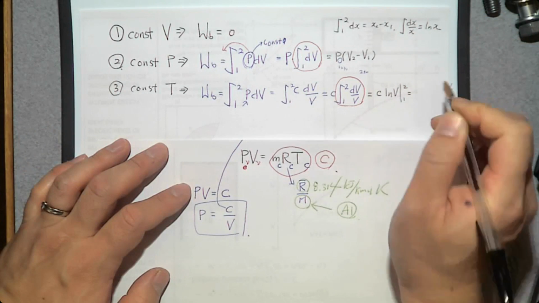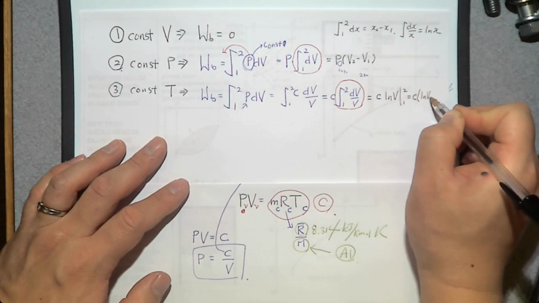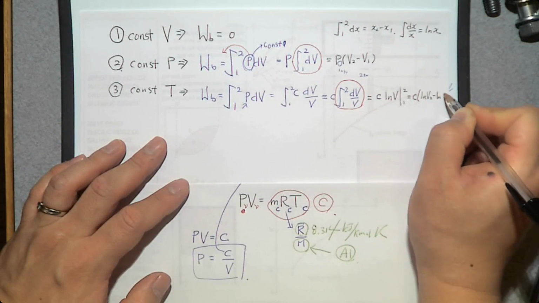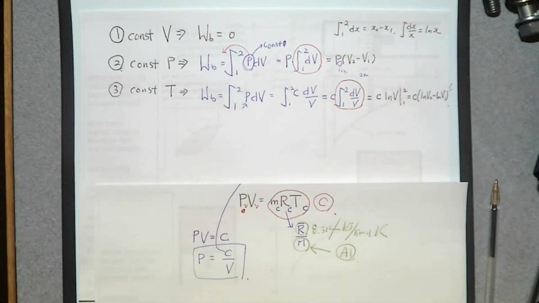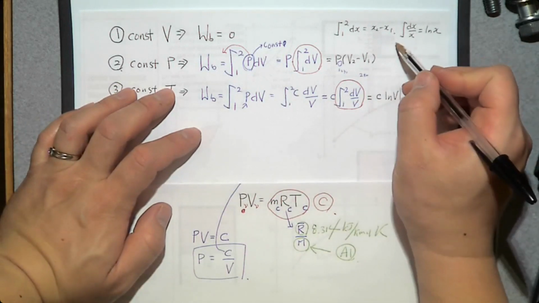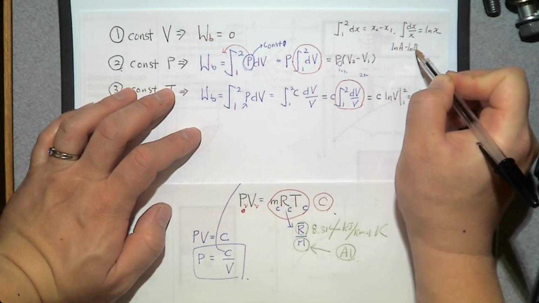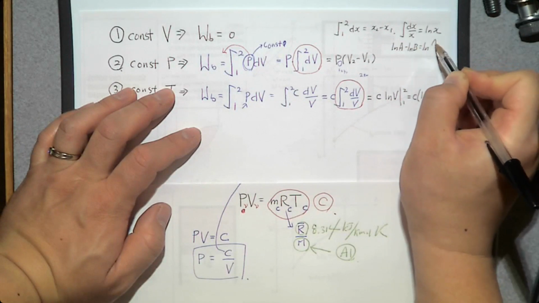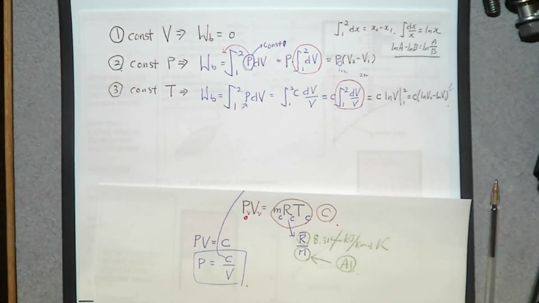So how do you solve this one? C times natural log V2 minus natural log V1. So if we have natural log A minus natural log B, how do you simplify it? It is natural log A over B. Am I right? If you don't remember, I just wrote them here. So now you remember, right?